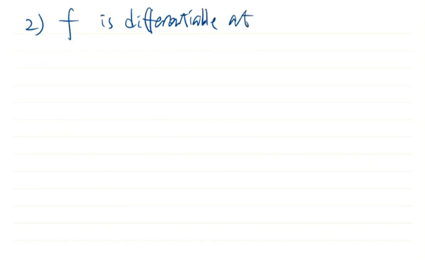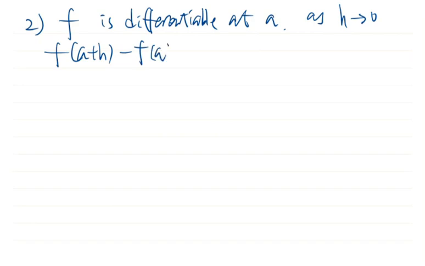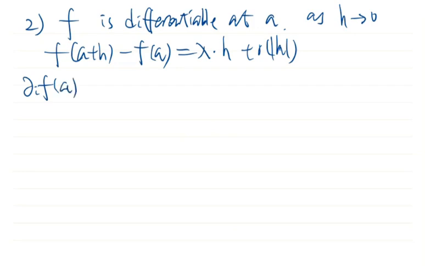So the second result. Again, f is differentiable at a, which means as h goes to 0, f(a+h) minus f(a) is the inner product of lambda and h plus a higher order term. Now we want to show that the partial derivative of f at a exists and equals lambda i.